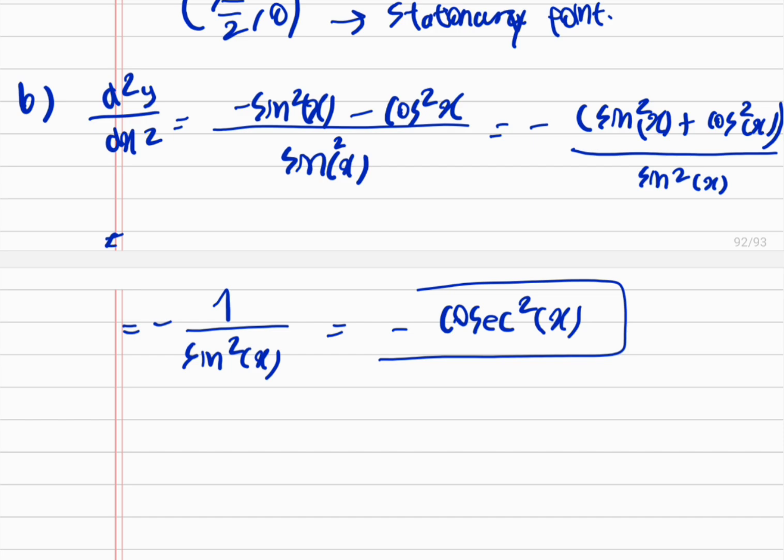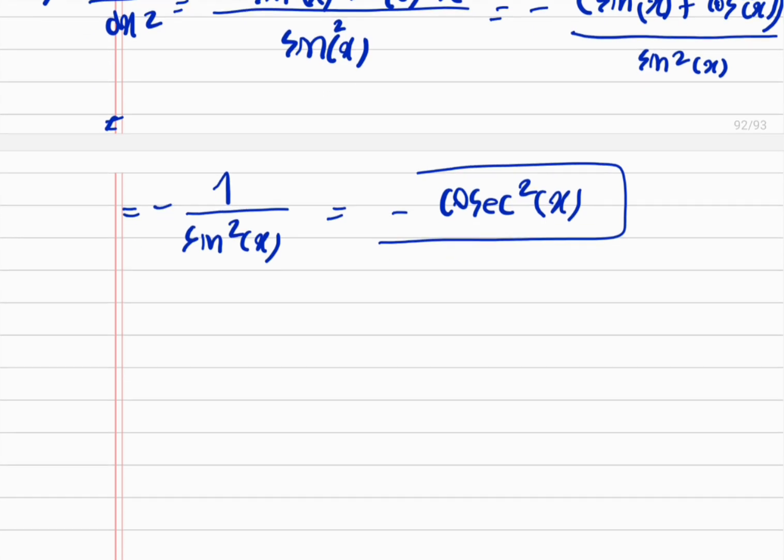Now, what we need to show is that, actually, just sticking to the original form, which is -1 over sine squared x, that's probably the easier format to use in this case. Because remember, ultimately, we want to show that the second derivative is negative so that we can conclude it's a concave curve. So using the -1 over sine squared x format is probably the easier one.